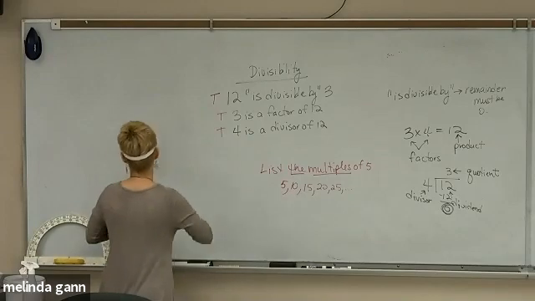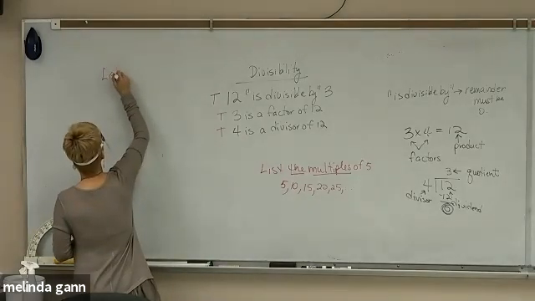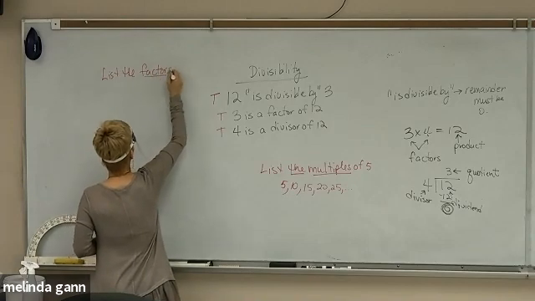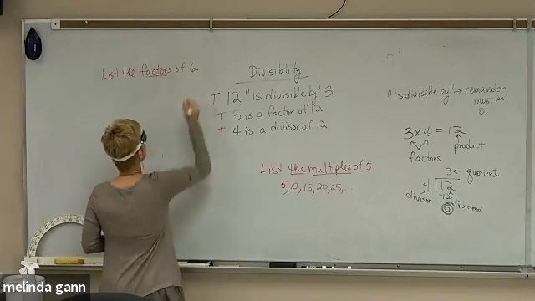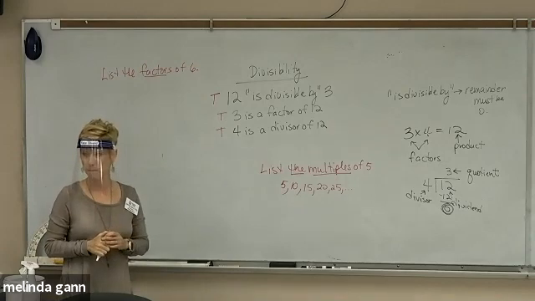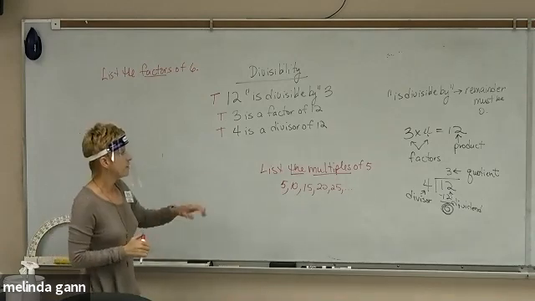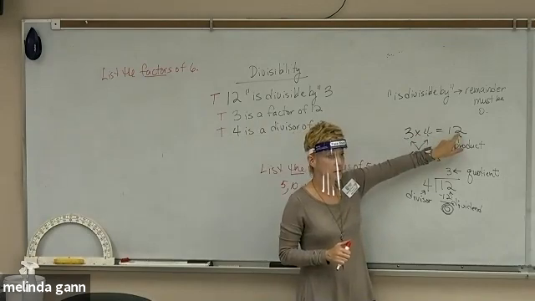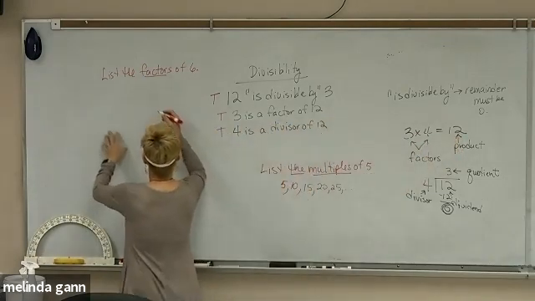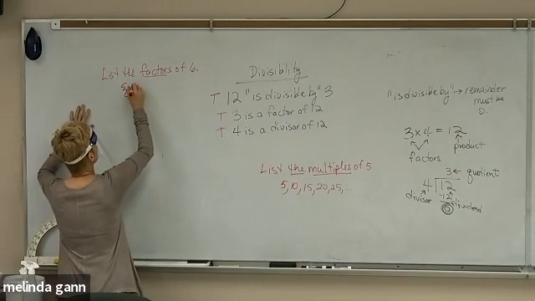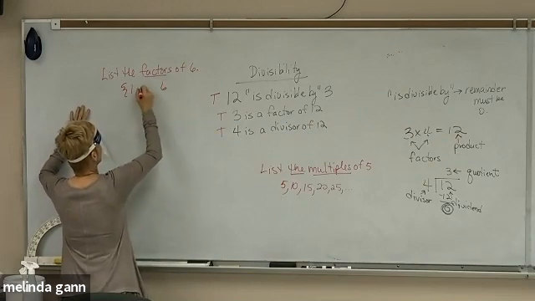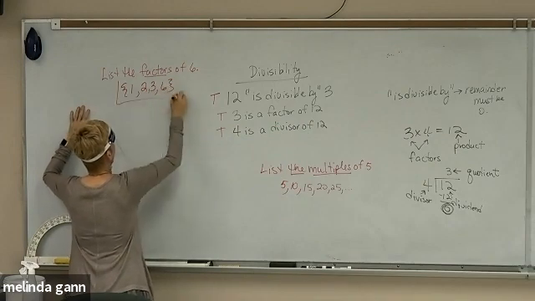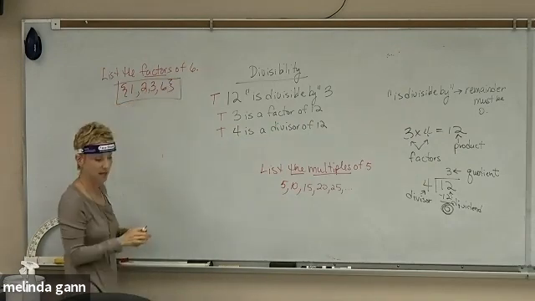So if I told you on a test to do this, list the factors of 6. Now, factors are things that you multiply together to get that number, right? So what are all the factors of 6? What would those be? 1 times 6, and what else? 2 times 3. So these would be all the factors of 6.